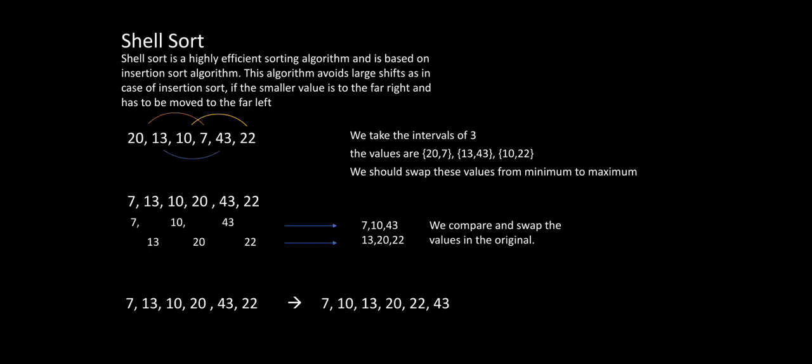We have the shell sort. Shell sort is a highly efficient sorting algorithm and is based on insertion sort. This algorithm avoids large shifts as in case of insertion sort if the smaller value is to the far right and has to be moved to the far left.